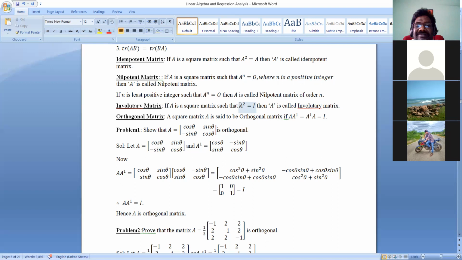Next, we come to the orthogonal matrix. What is orthogonal?